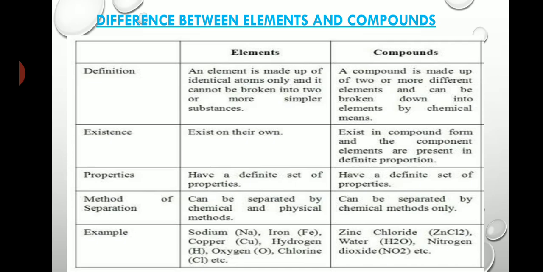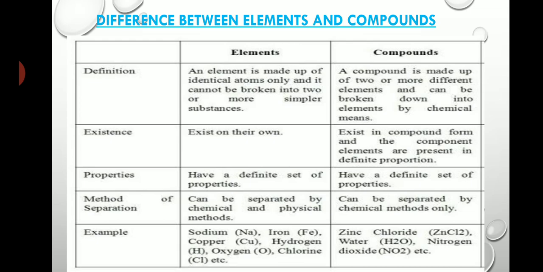Existence. Elements exist on their own. Compounds exist in compound form, and the component elements are present in definite proportion, 1:2, 2:1, 1:1 or 2:2.